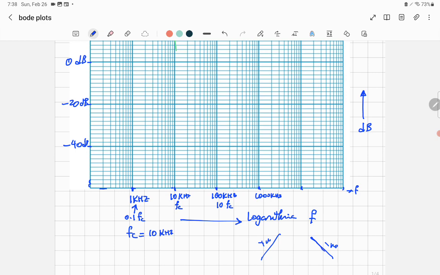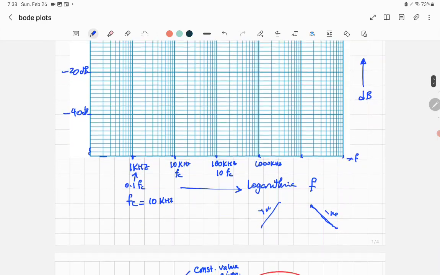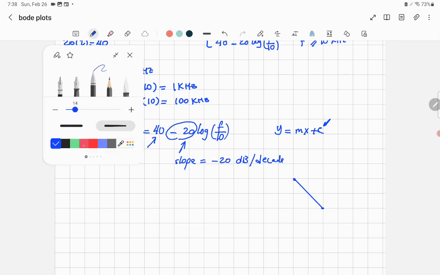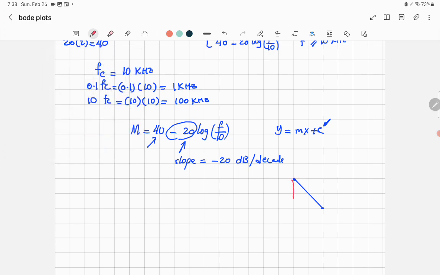So it should be like that. So you need 2 points. So when you study, you can find the reference here. If we agree the straight line should be in this direction, and the slope is equal to negative 20 decibel per decade, it means this is 1 decade.